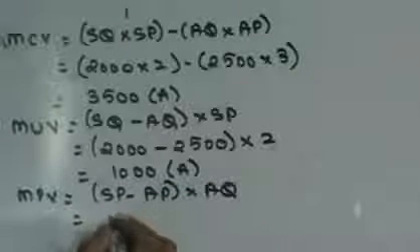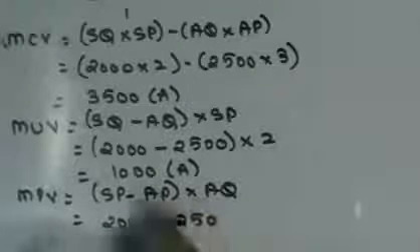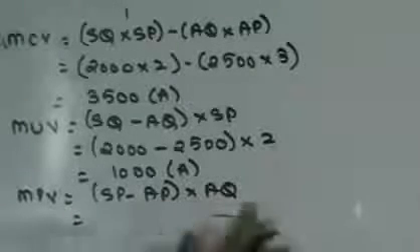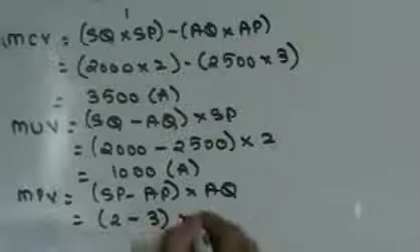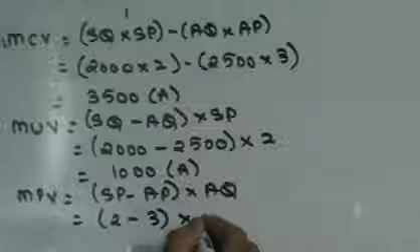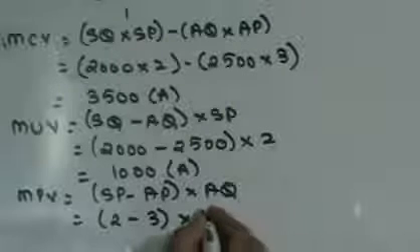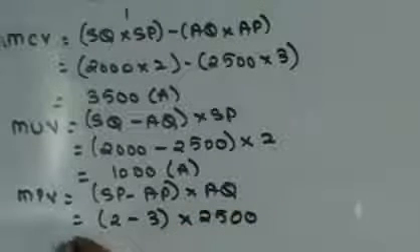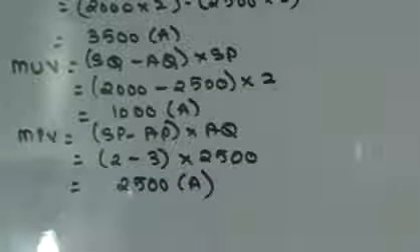Standard price is 2 rupees, actual price is 3 rupees, into actual quantity, which is 2500. So this is going to be 2500 adverse. Thus you get all your three variances.